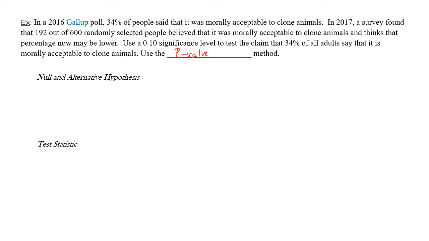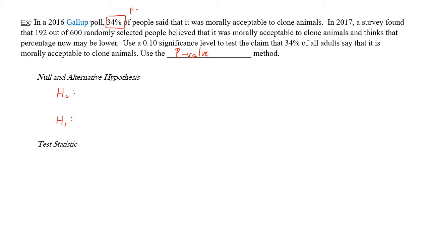In this case, to compute the test statistic and p-value, I'll just enter these data into my calculator and have my calculator do it for me. But first, let's write our null hypothesis and our alternative hypothesis. The null hypothesis was based on this past data from a poll in 2016 that found 34% found it morally acceptable to clone animals.